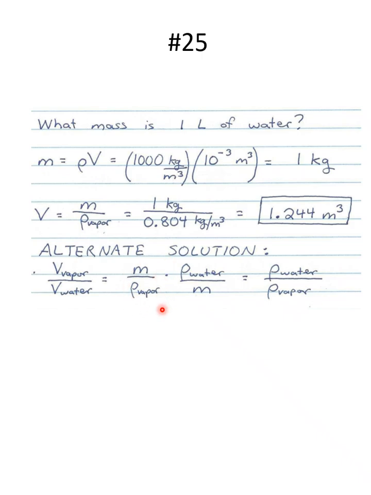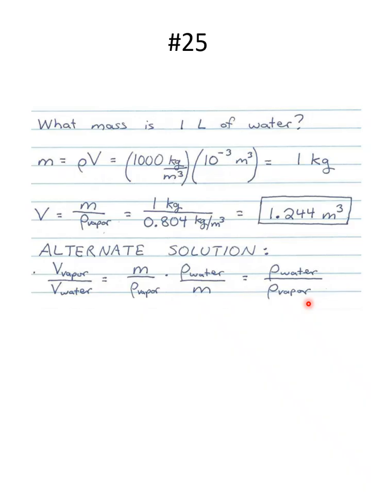And then when we divide by the volume of the water, that's going to be dividing by mass over density of water. But we're dividing by a fraction, so we're going to multiply by its reciprocal, which means we're going to multiply by density of the water divided by mass. Because the mass is the same, those will divide out, and we're left with the density of the water over the density of the vapor.